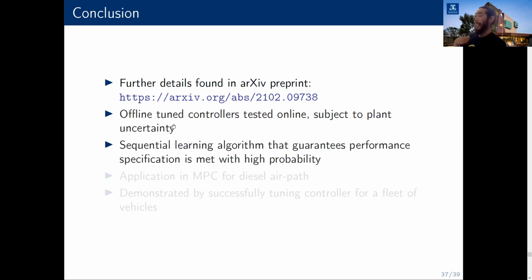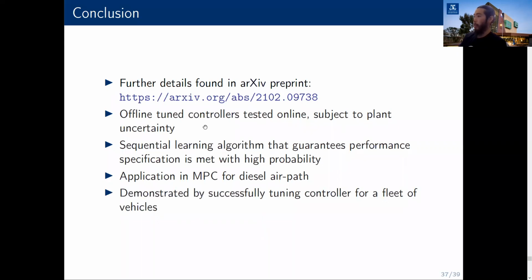We proposed a sequential learning algorithm which was able to guarantee that a performance specification was met with high probability, and we applied this on a numerical example with MPC for the diesel air path, and it was successfully demonstrated to be able to tune a controller for a fleet of vehicles meeting the performance specification.